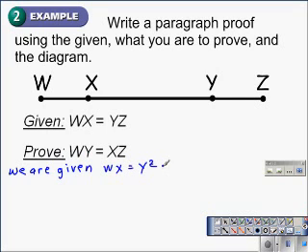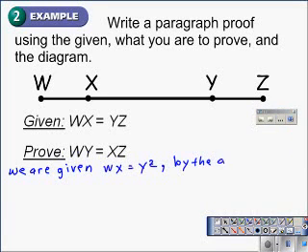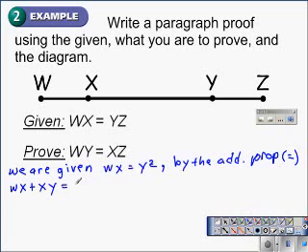And then by the addition property of equality, we can add the segment that they share, XY, to both sides. So that would give us that WX plus XY is equal to YZ plus XY.